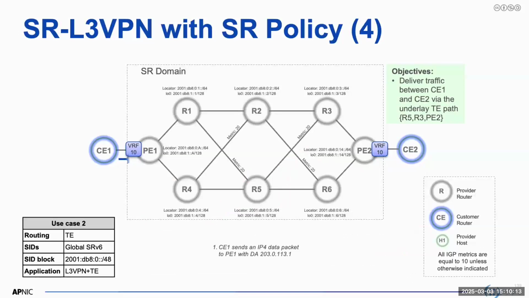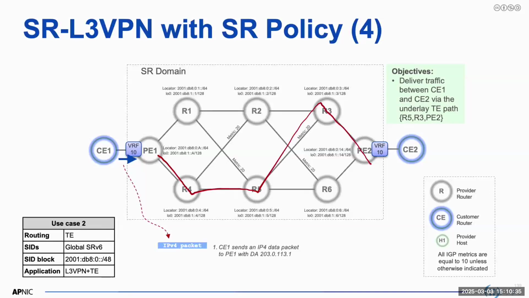See, when the packet from CE1 comes in, P1 needs to build the SRH, the segment routing header. Our objective is that traffic will go through R5, R3, and P2. So how will we get the final destination address?